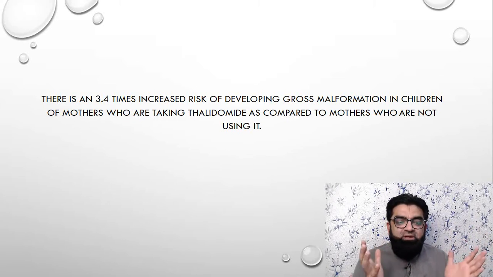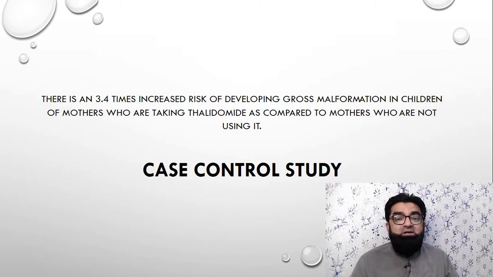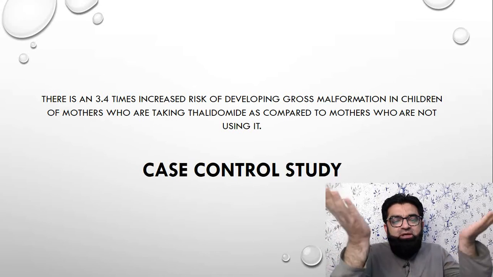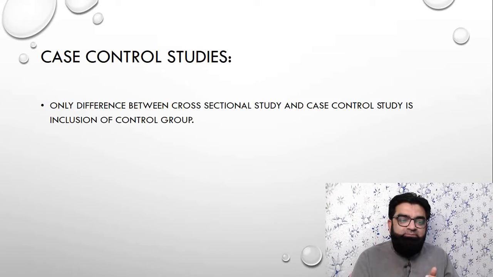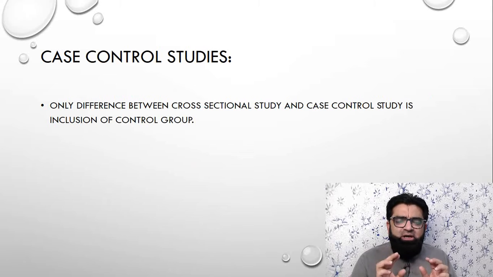And what we have done in this data, this is a case control study. So we have improved the evidence from cross-sectional study to the case control study. And what are case control studies? The only difference between the cross-sectional study and the case control study is the inclusion of the control group.